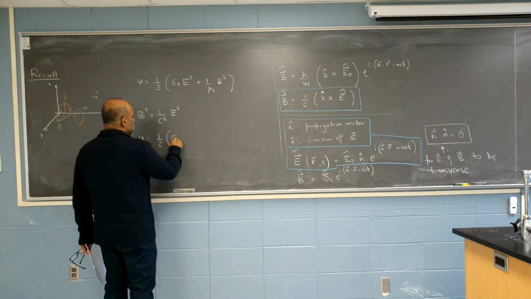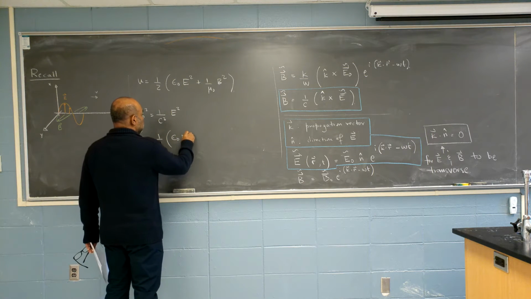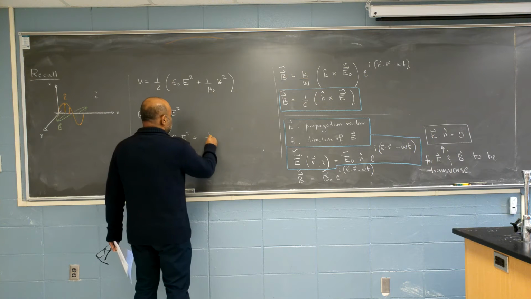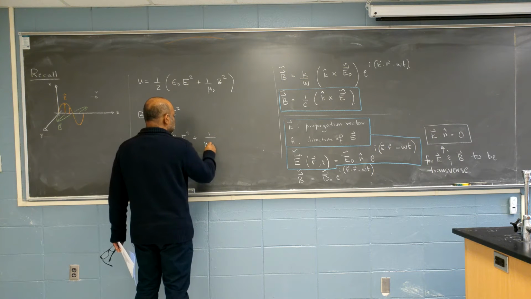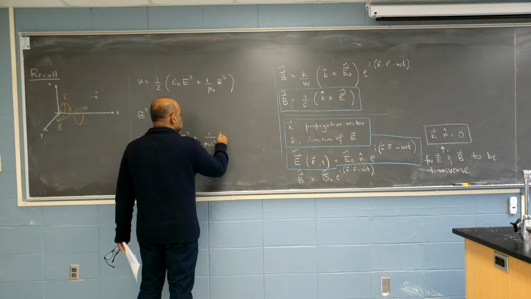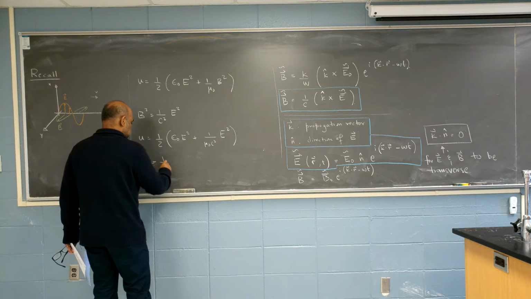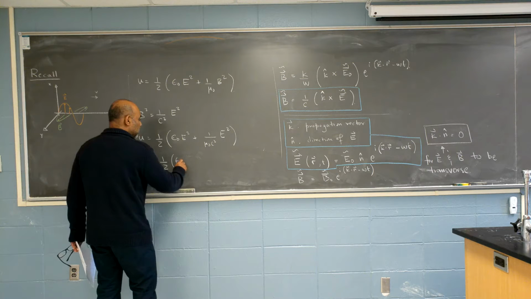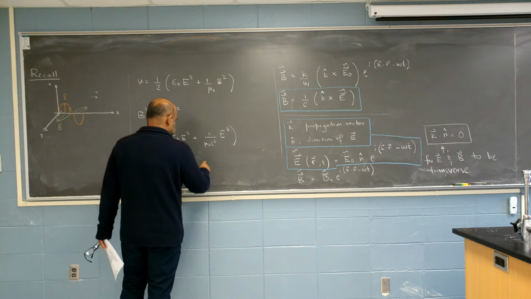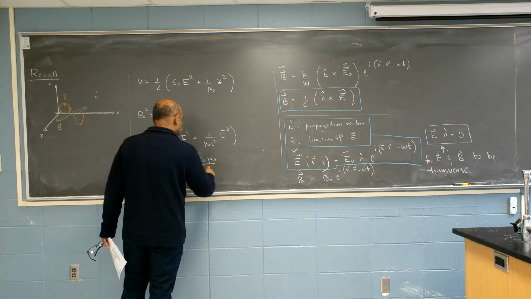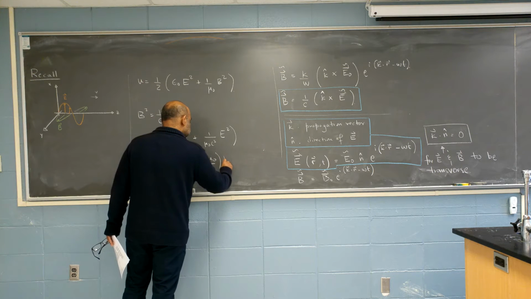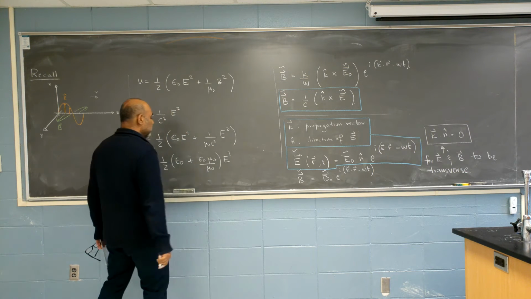Let me do it this way. Epsilon naught E squared plus 1 over mu naught c squared E squared, which is epsilon naught plus epsilon naught mu naught over mu naught, that factor, E squared. What did I do here?